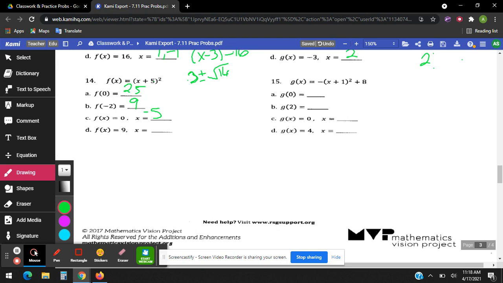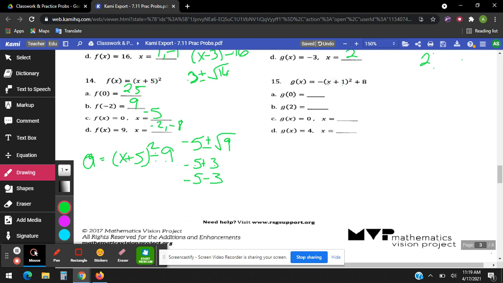All right, so if that equals 9, x plus 5 squared, if it equals 9, then I need to subtract 9 to get that to a 0. So my new h is negative 5 plus or minus the square root of the negative k, which is 9. So negative 5 plus 3, negative 5 minus 3. So negative 5 plus 3 is negative 2, minus 3 is negative 8. Those are my intercepts.